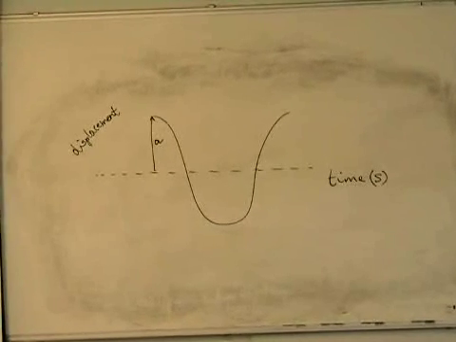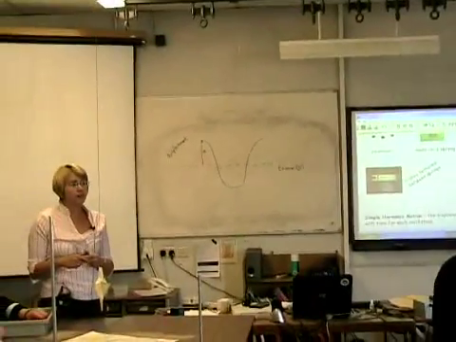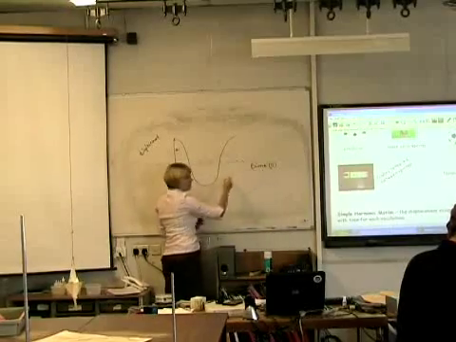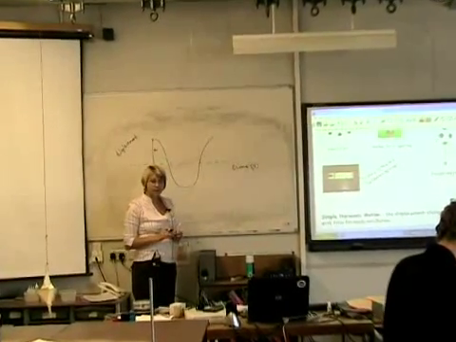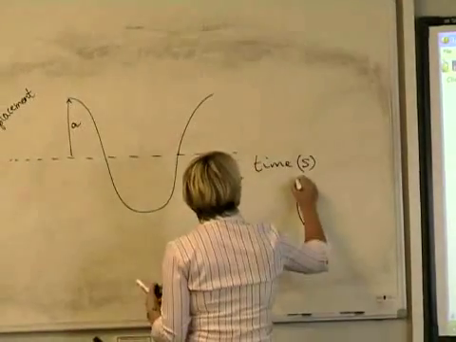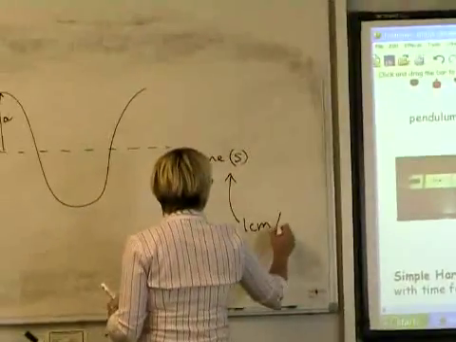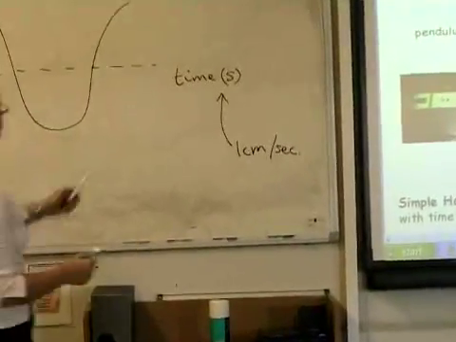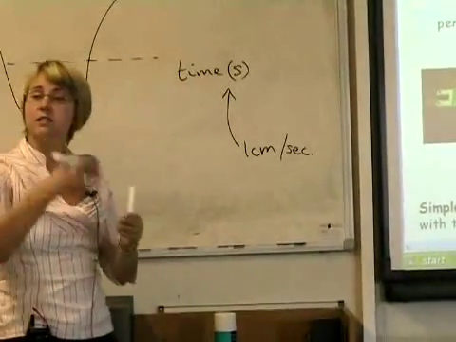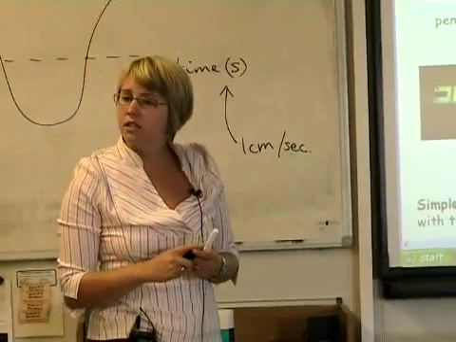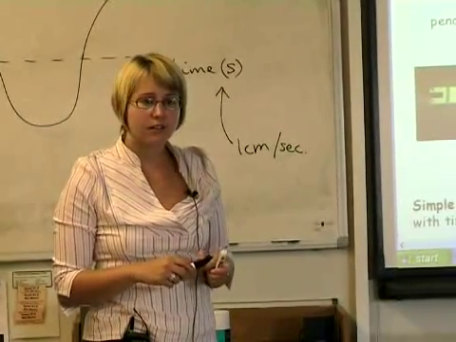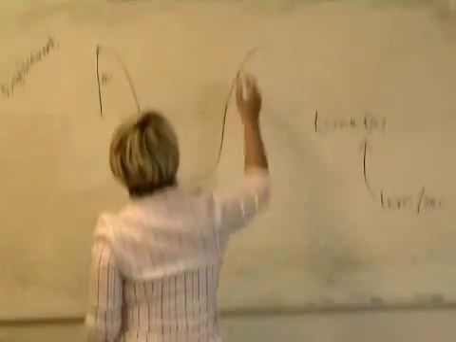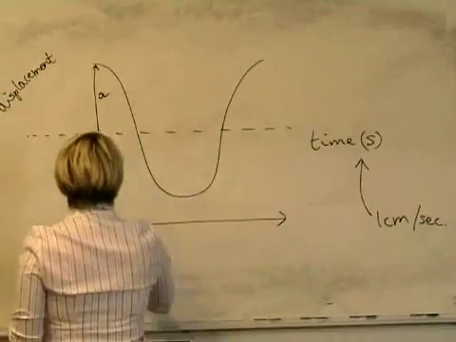Yep. And if I wanted you to work out the periodic time, the time for one complete cycle, I would need to give you the scale for this axis, wouldn't I? Yep. Let's say then the scale for this axis is 1 centimetre per second. So you can then label every centimetre as a second on that axis. You could then also work out the periodic time.